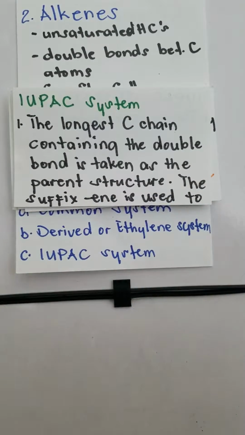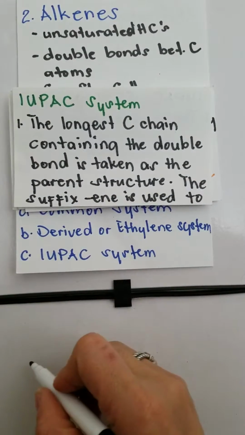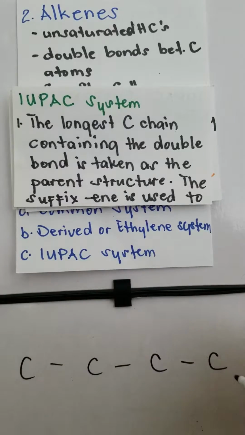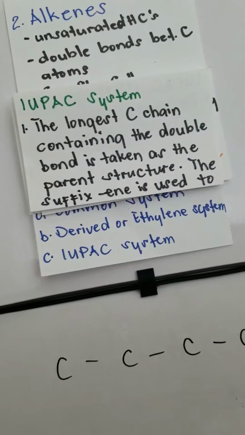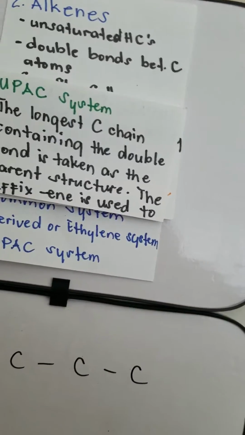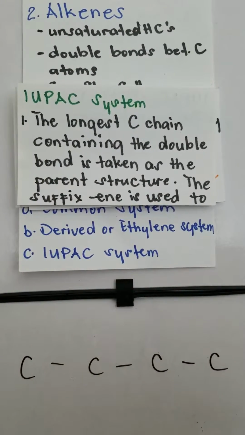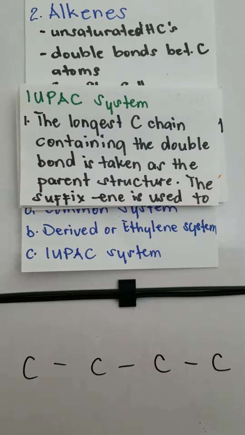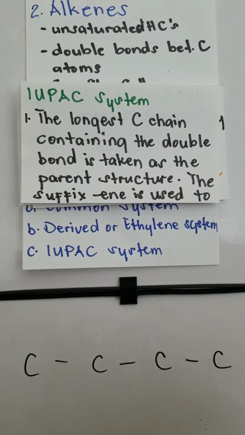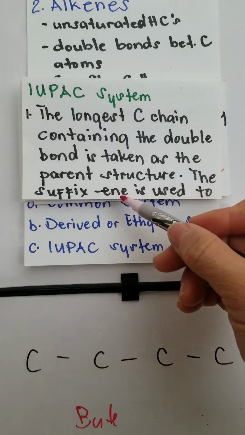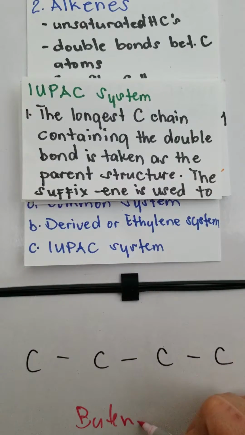For example, we have a total number of carbon atoms of 1, 2, 3, 4. Let us just have 4 because that's the only thing that can fit into our recording. If we have 4, the prefix is but, right? So if we have but, then we take the suffix E-N-E, so that is butene.